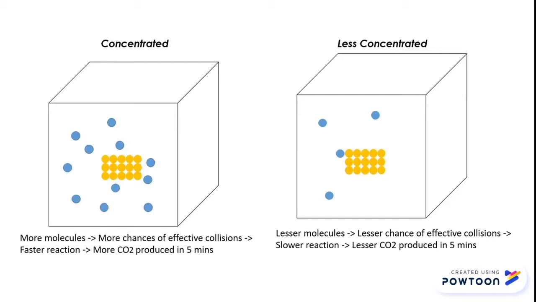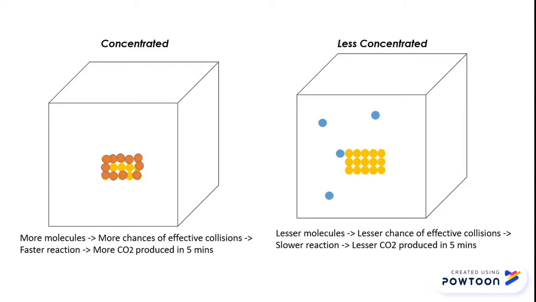In a concentrated solution of vinegar, there is a larger number of reactant particles per unit volume, so there is a higher frequency of collisions between reactant particles, and there is a higher frequency of effective collisions, so there will be a faster reaction. When there is a faster reaction, there is more carbon dioxide produced in 5 minutes.